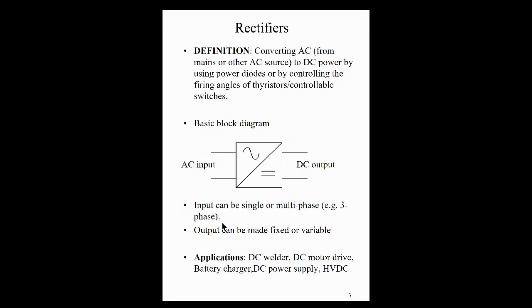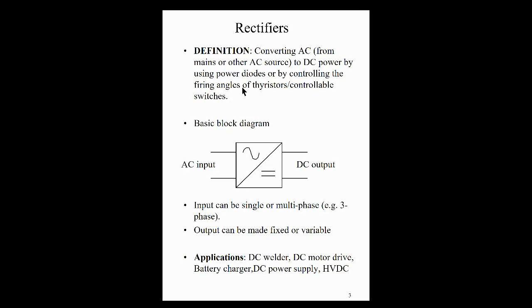All right, so we'll start with our definition of our rectifier. Our rectifier is just a way, a means by which we are able to convert alternating current, that's from our mains, to direct current, when we use diodes or any of the devices that we're able to have control over the output.